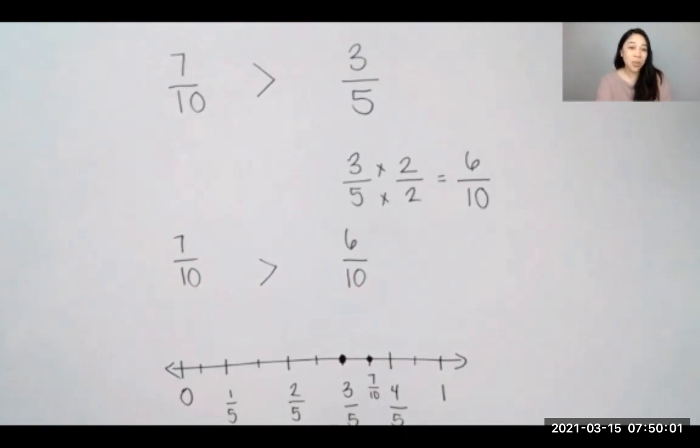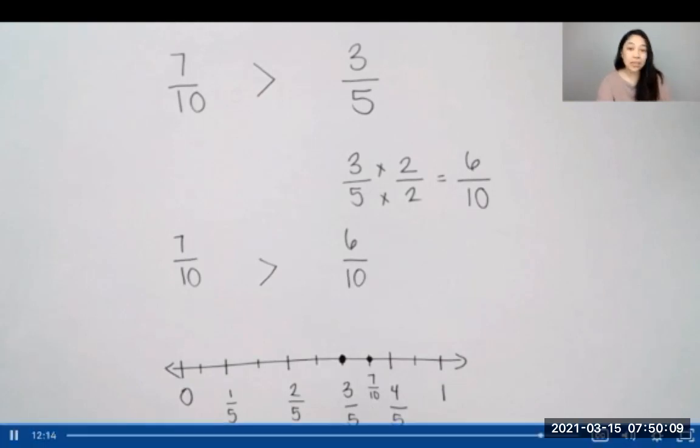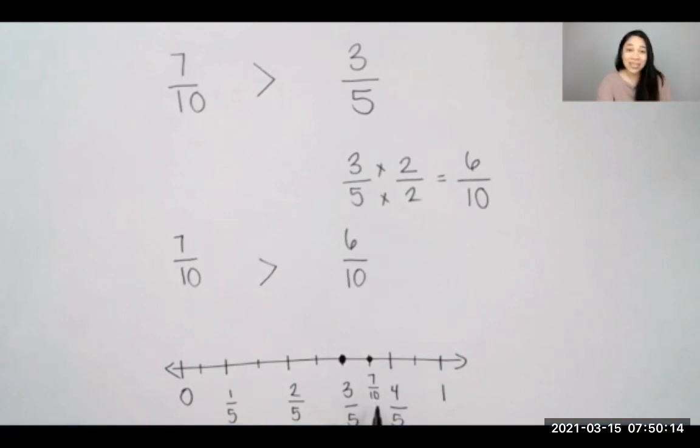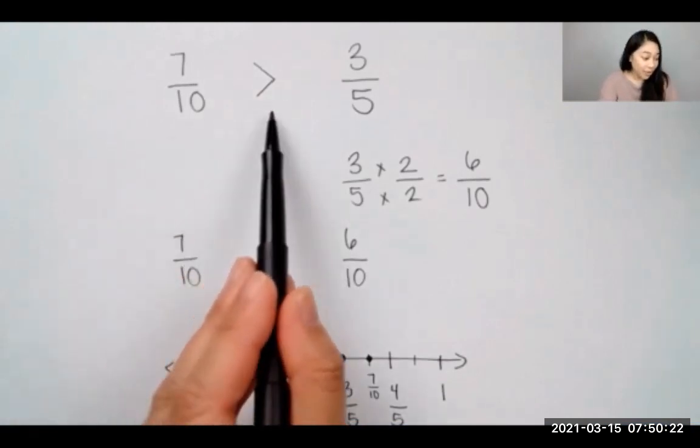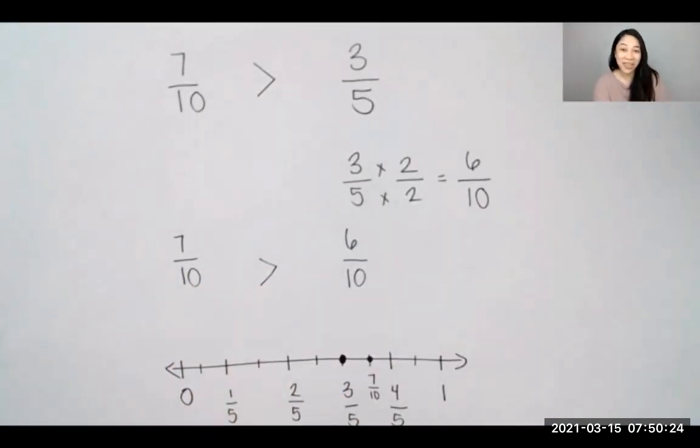When we do it this way, we can compare 6/10 and 7/10. We can clearly see that 6/10 or 3/5 is less than 7/10. So 6/10 is less than 7/10. 7/10 is indeed greater than 3/5.